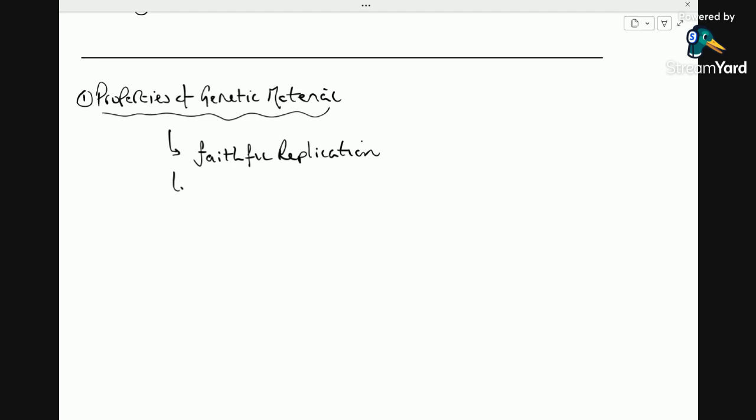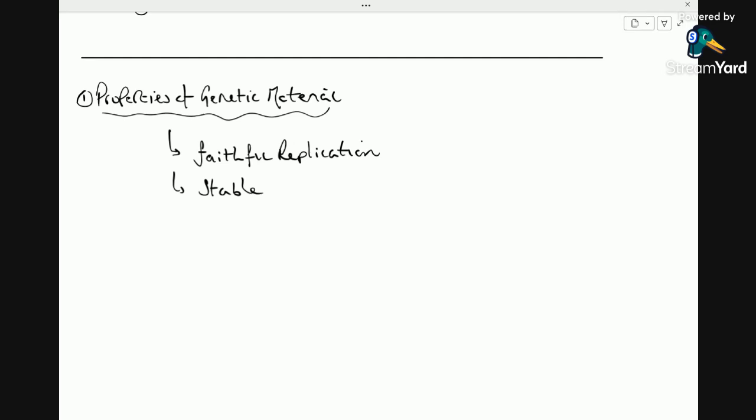The second thing is that it needs to be stable, specifically at physiological temperature. The whole idea is that it doesn't disintegrate over time, or certainly not very quickly, and it's not prone to being degraded.